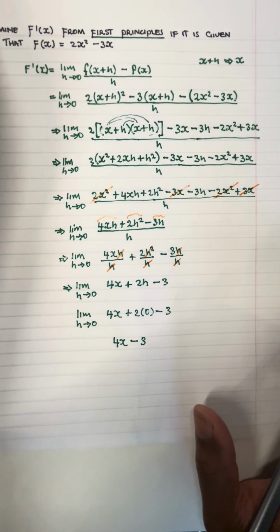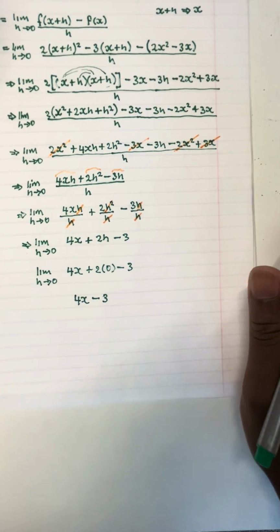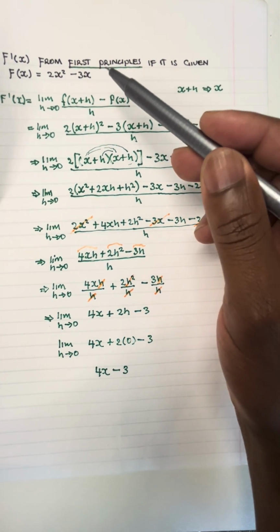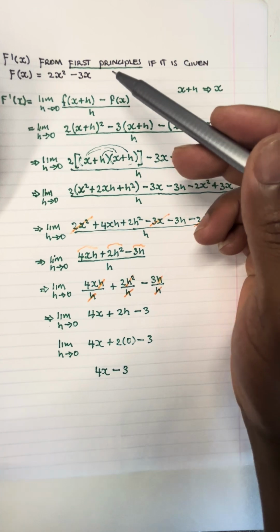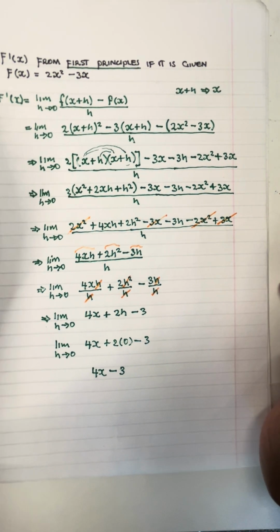Now, before we move on, remember, we did all this because they told you that you have to solve it using first principles. If they didn't say that, and you happen to remember another way to do this, what I would do is use the derivative to solve it.